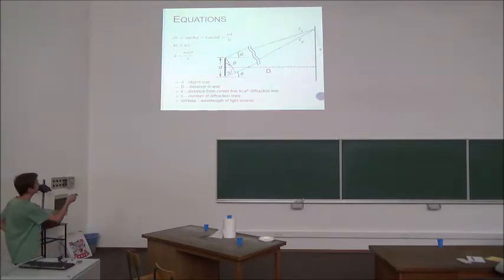And these two triangles, this figure here you can see, and this small one are similar if the projected surface is far away. So the tangent theta is equal to x, which is this side of the big triangle, over D, and then times small d gives us delta L, and then we know delta L equals n, which is equal to 1, times lambda, and if we solve for d, we get this formula.